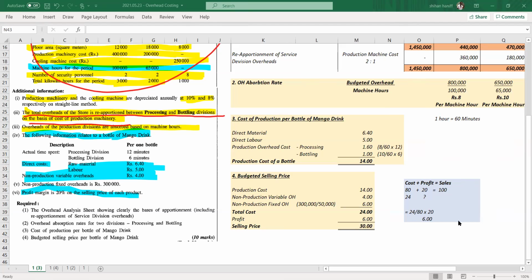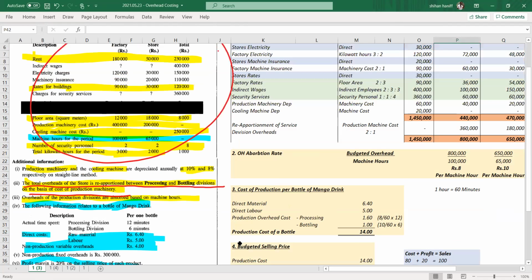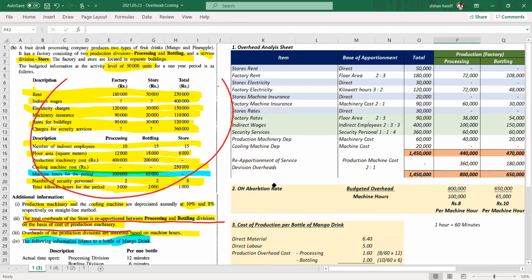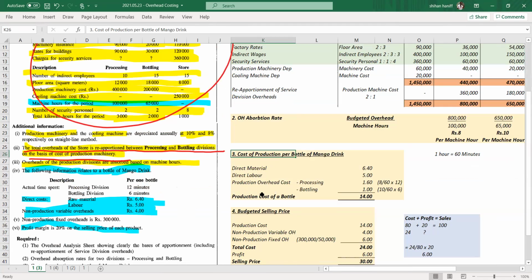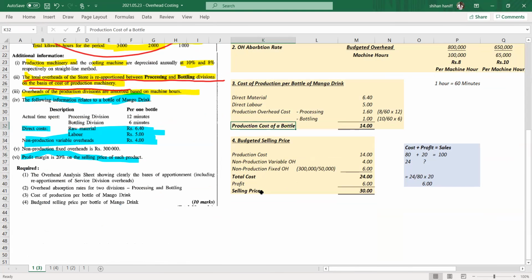Right. So this is how we analyze the overheads, calculate the absorption rate, and calculate the production cost and the selling price.